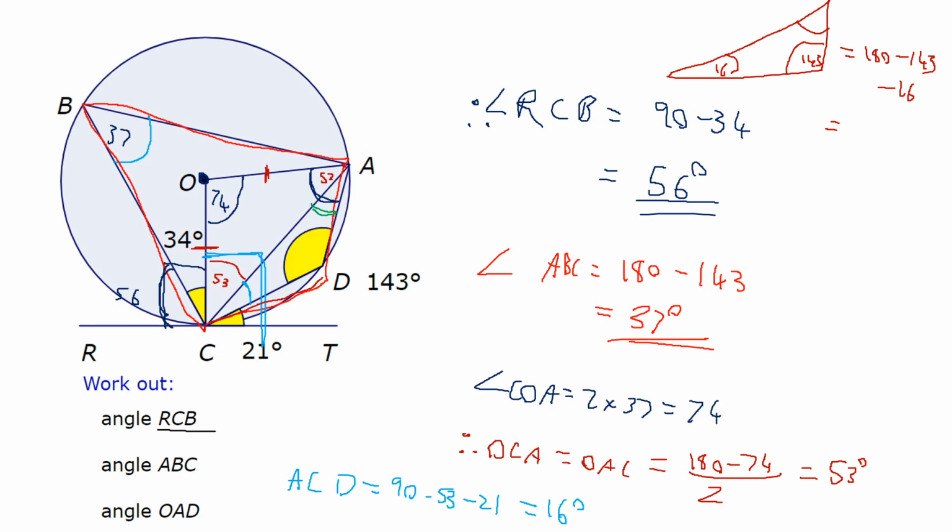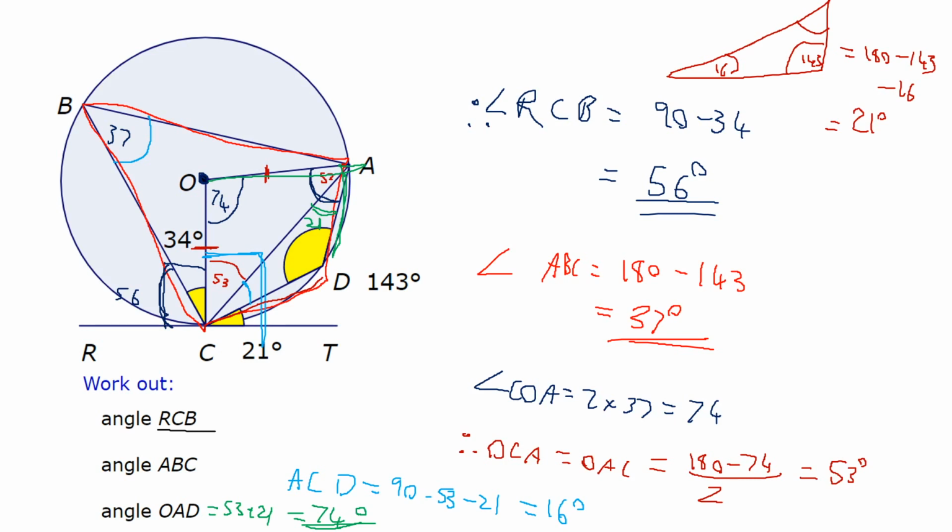And when we do that, we get an answer of 21 degrees. And so finally, because this is 21 degrees, and let's label that, we know that OAD is just going to equal 53 plus 21, which is just equal to 74 degrees. Yeah?